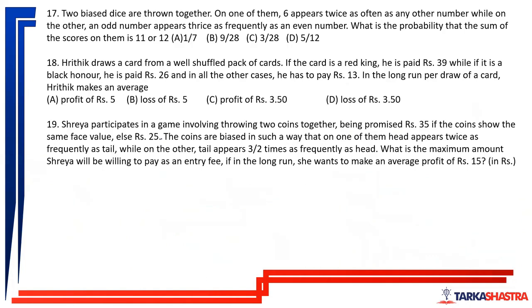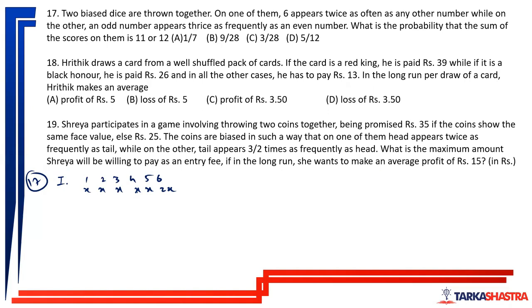Moving forward, two biased dice are thrown together. On one of them, 6 appears twice as often as any other number. Okay, so in the first dice, 1, 2, 3, 4, 5, 6. If each of the others occurs x times, 6 will occur 2x times.